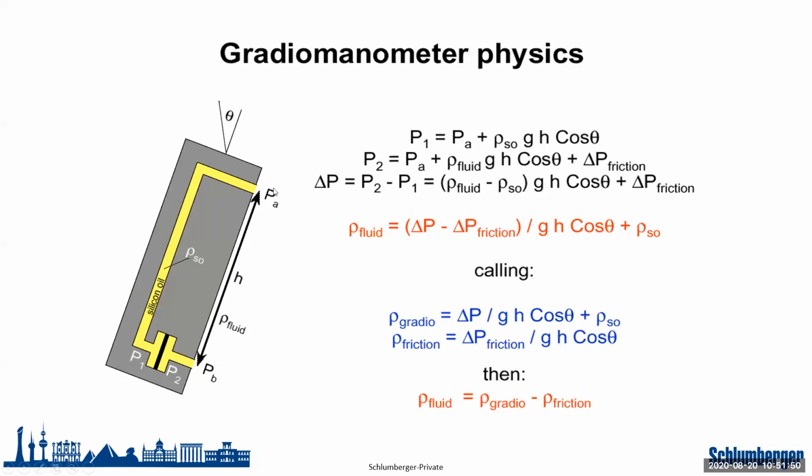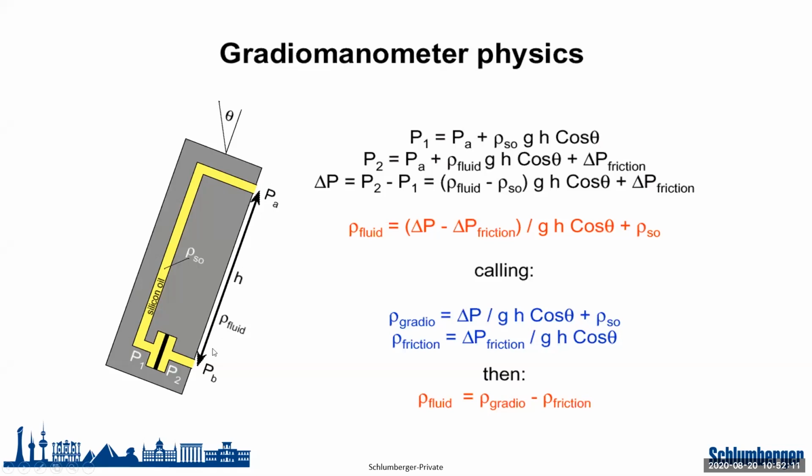In our tool, we will have 2 ports that are going to be exposed to the wellbore, 2 openings in the tool exposed to the wellbore. So pressure 2 is going to be equal to the pressure in port A, plus the column of fluid.